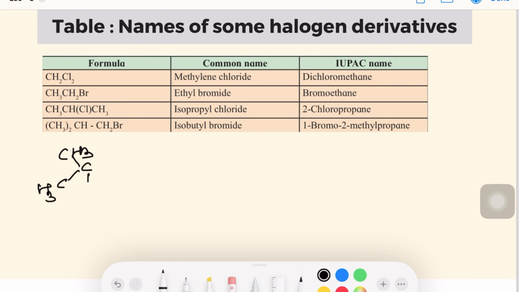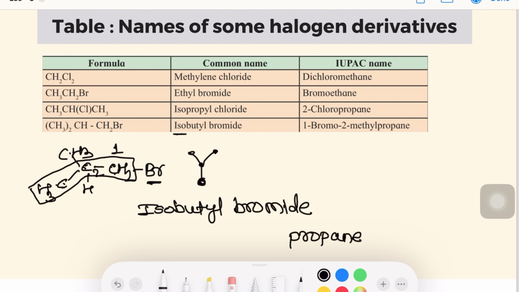At which position are the methyl and bromine groups attached? Give the first number where the halogen atom is attached. So this carbon is number 1, this is second and this is third position. At the second carbon there is a methyl group, and at carbon 1 there is bromine.